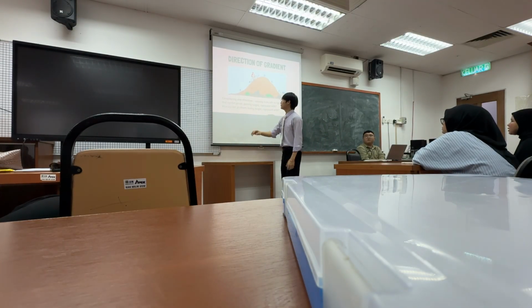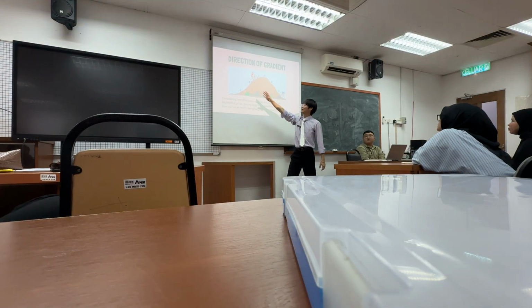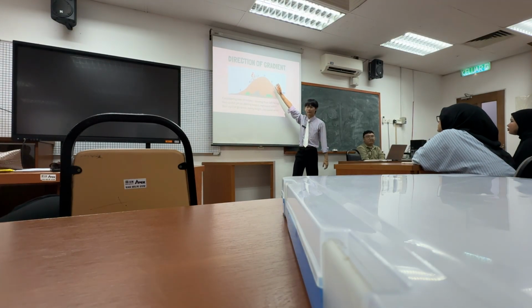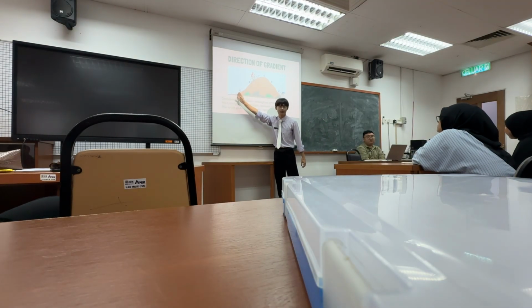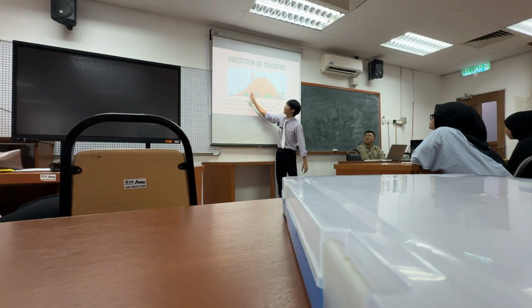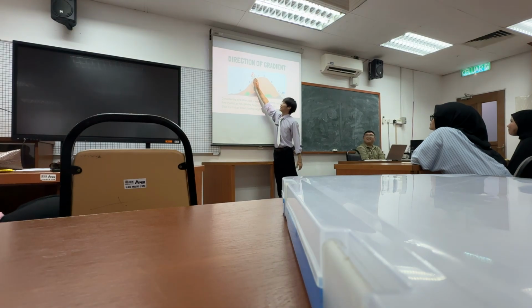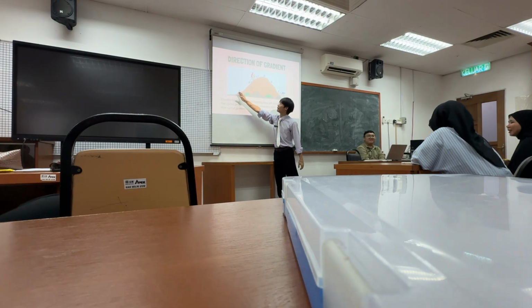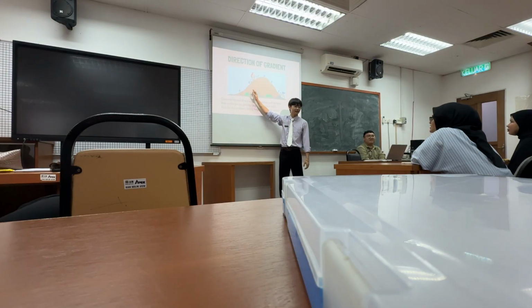Now we look at the red cyclist first. The red cyclist is going up the hill. Let's say it starts from here. When it goes from A to B, what is increasing?